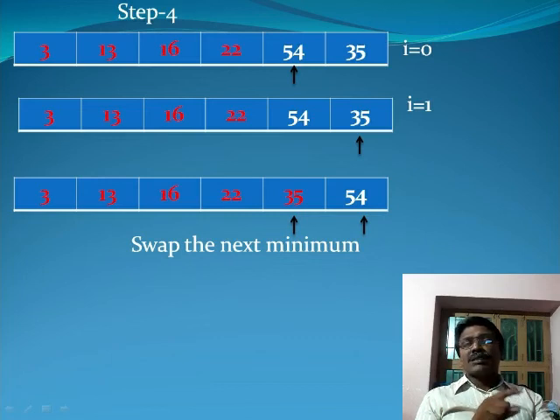The present value is smaller, so change the minimum value. The present minimum value is 35. Next iteration, the condition fails. So swap the two numbers, so 35 is the fifth element. The 5 elements are sorted after the completion of step 4.